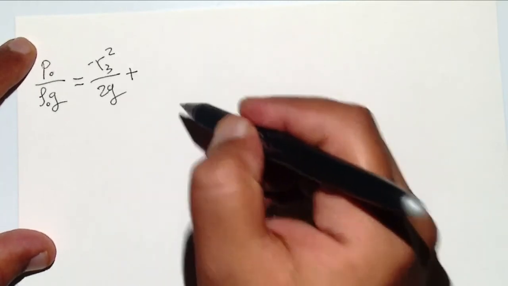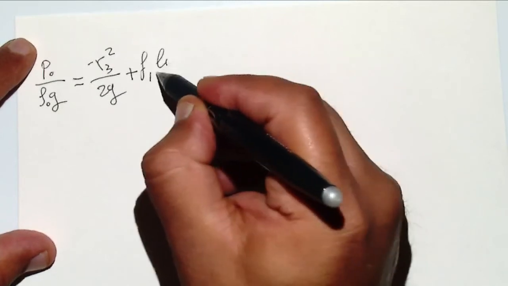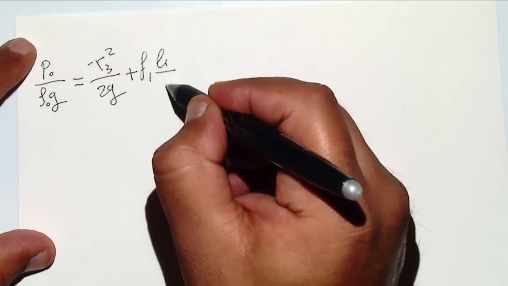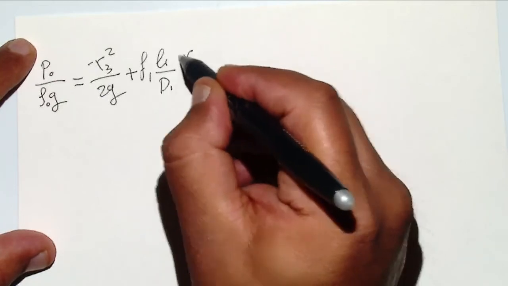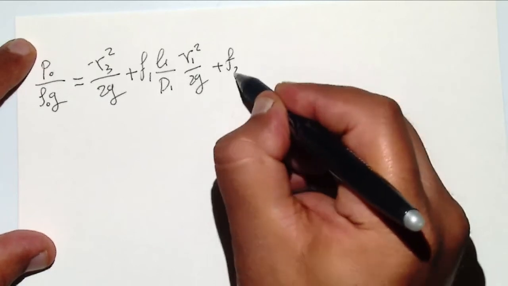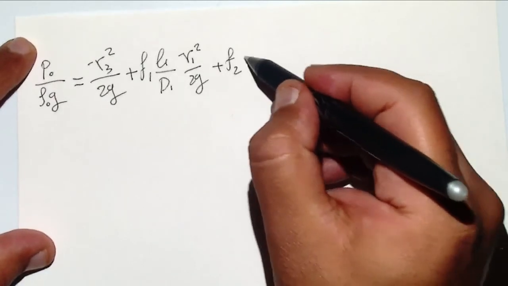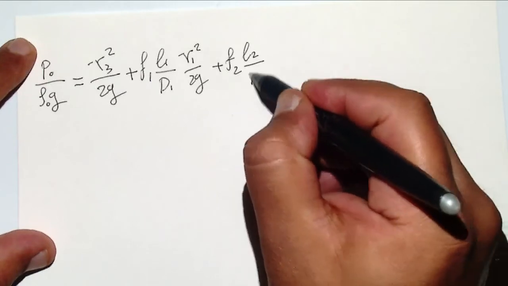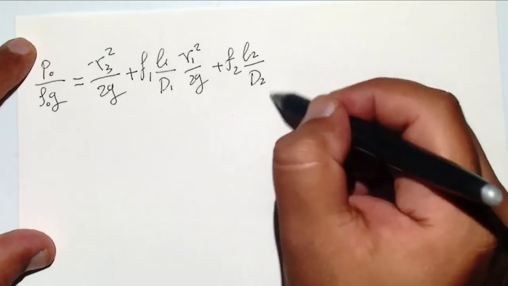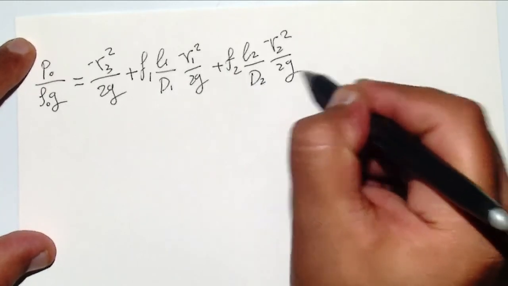plus HL1, which is F1 L1 over D1, friction factor and length of the first pipe over diameter, times V1 squared over 2g, plus F2, friction factor for the second pipe. These are given in the question. So L2 over D2, these are also given, L1, D1, L2, D2, length and diameter of the pipes, times V2 squared over 2g.